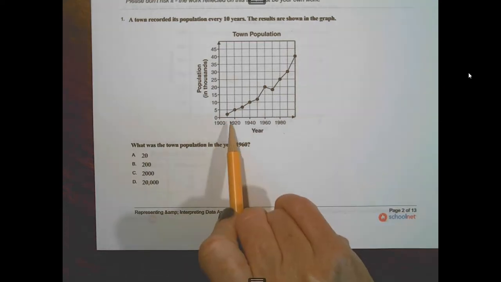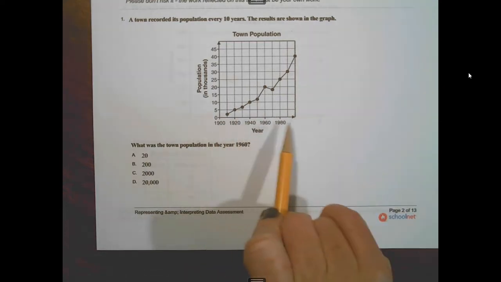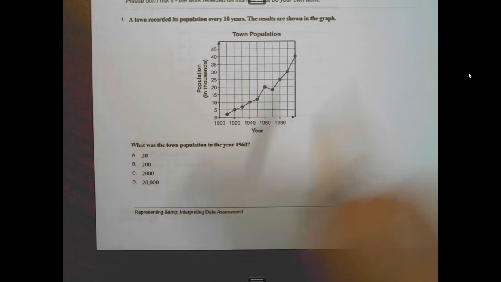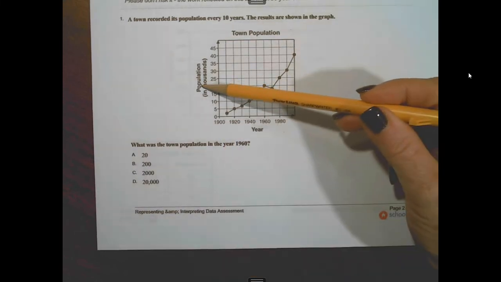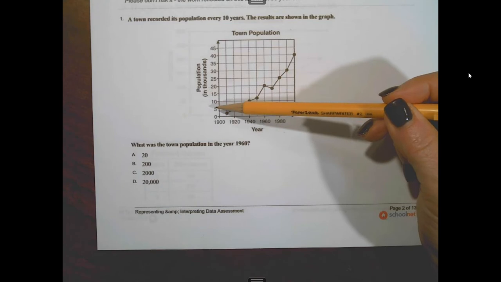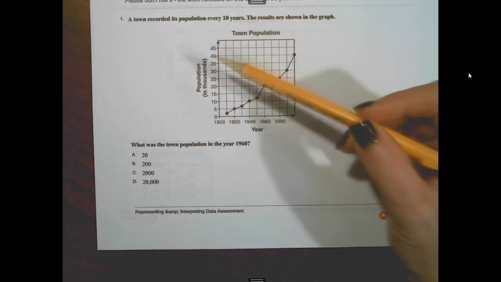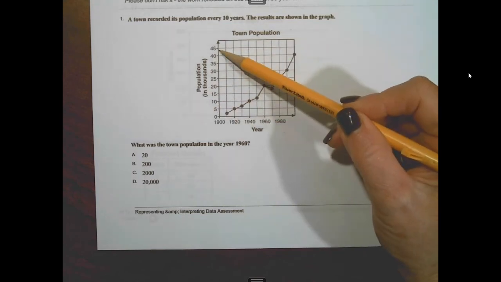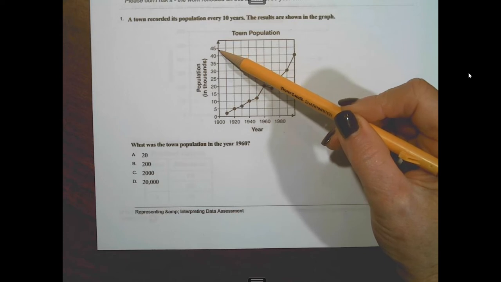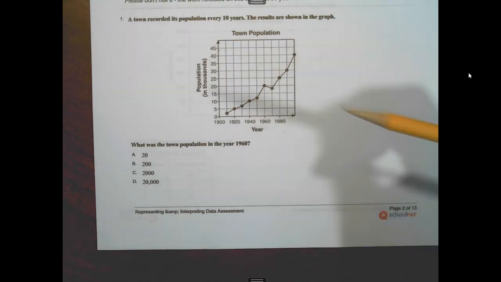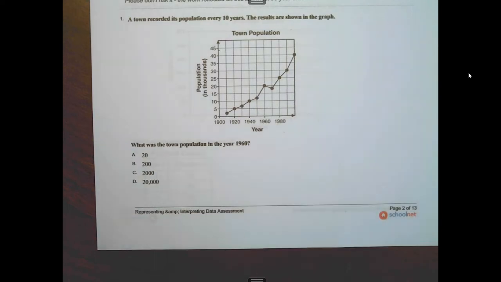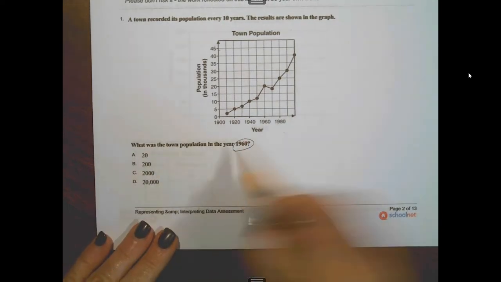Each of these vertical lines goes up by 10 years. On the y-axis, we have the population in thousands. So we've got to be careful with that. 45 does not mean 45 people. It means 45,000 people.